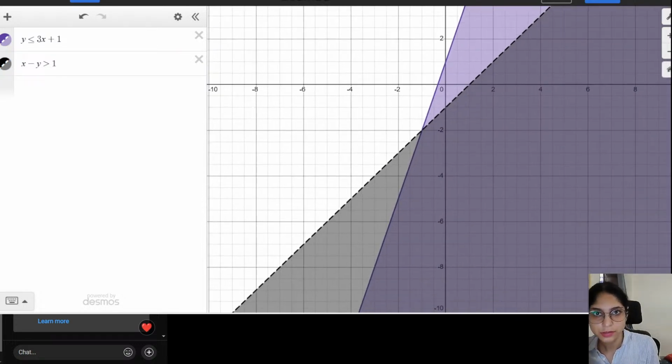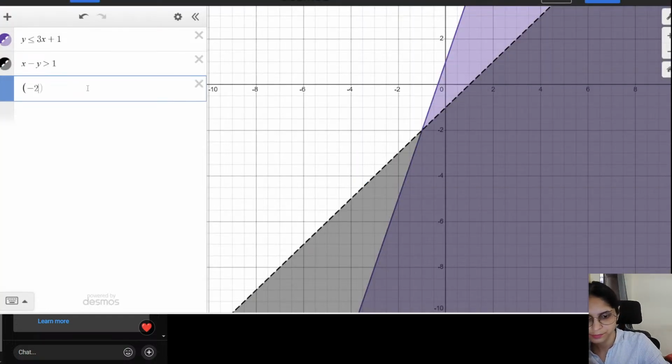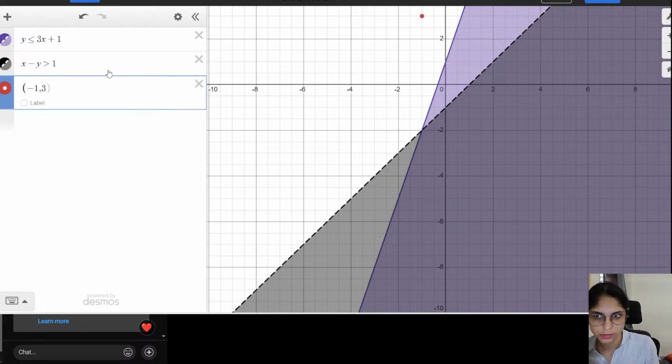This is the area. Now the points are negative 2 comma negative 1. Not working. Next is negative 1 comma 3. Not working. 1 comma 5.